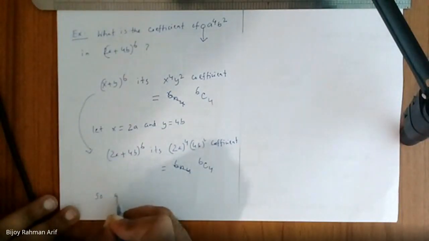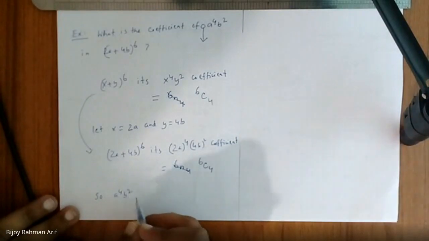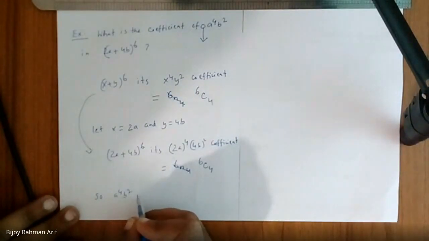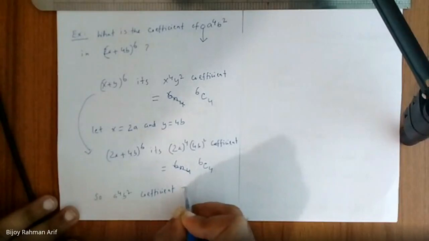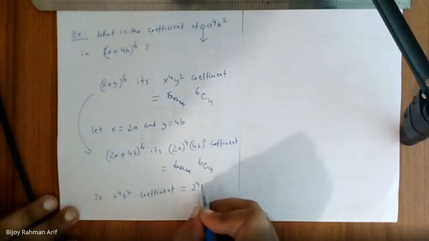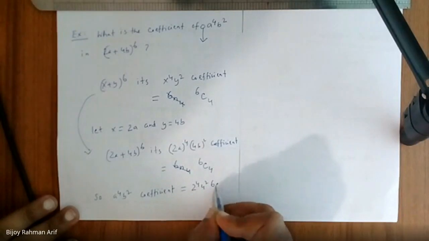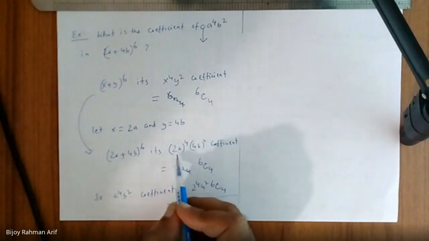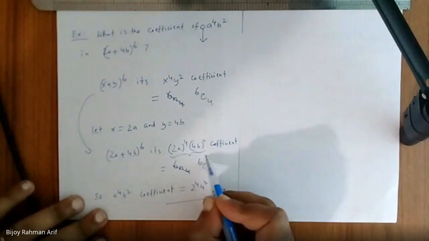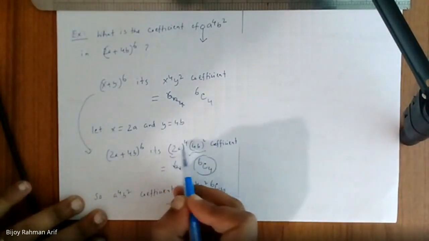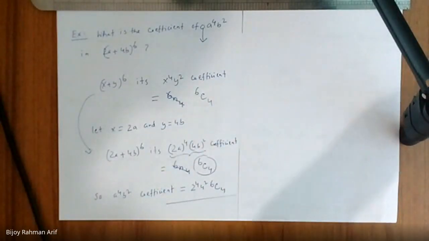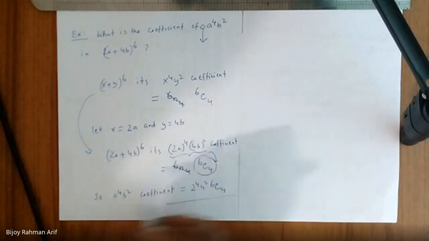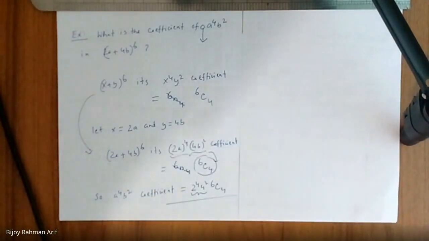So the a^4 b^2 coefficient is equal to 2^4 extra and 4^2 extra into 6C4. So this is the answer. This one has coefficient this, so definitely there is something extra there. So we have to add that one. All right. Do you have any query? No, sir. Okay.